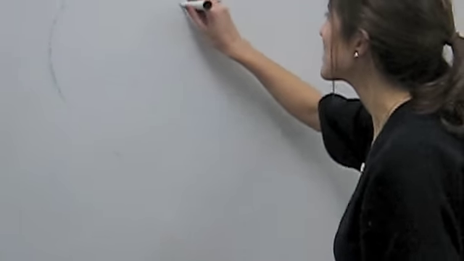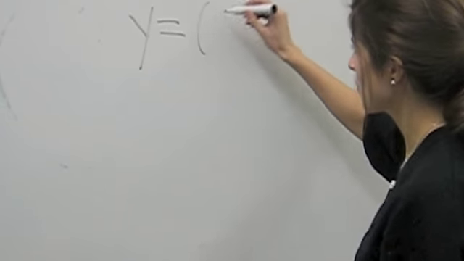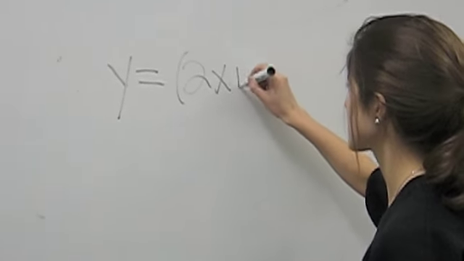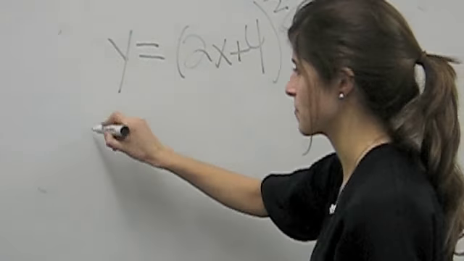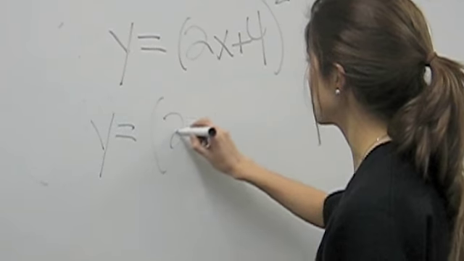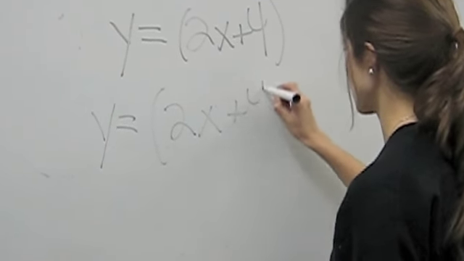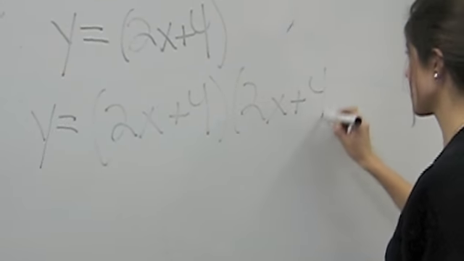If you have a polynomial like y equals 2x plus 4 squared, you get the polynomial when you square it: 2x plus 4 times 2x plus 4.